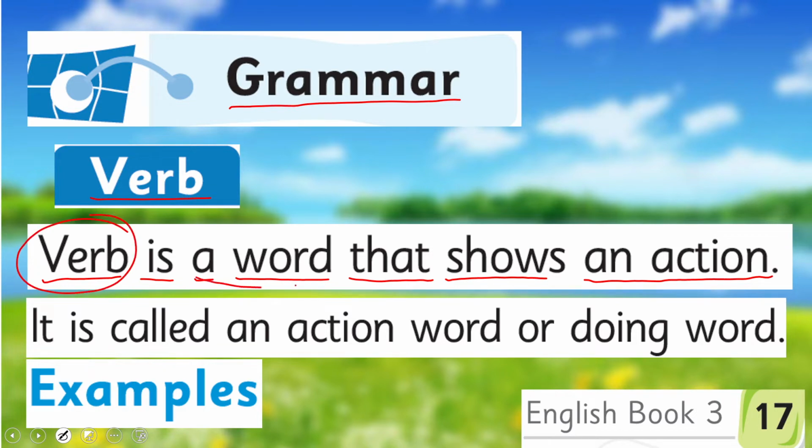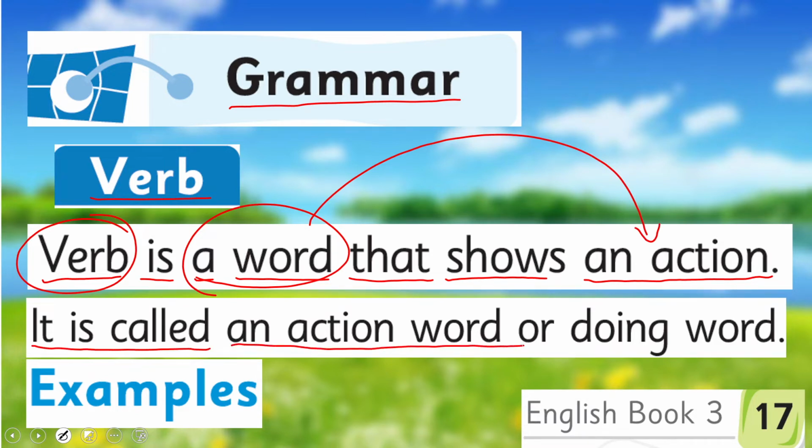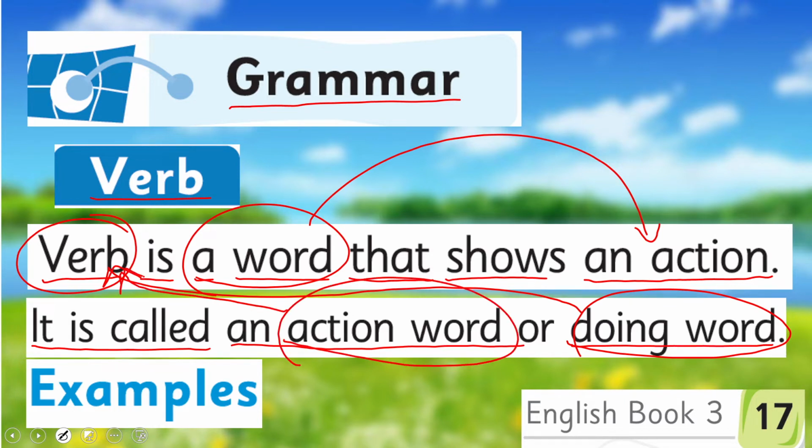It is called an action word or doing word. So if I say doing word, it refers to verb. If I say action word, it refers to verb. These all are the names of verb. So how do we define verb? Verb is a word that shows an action.